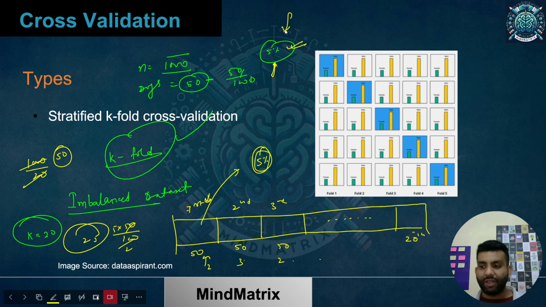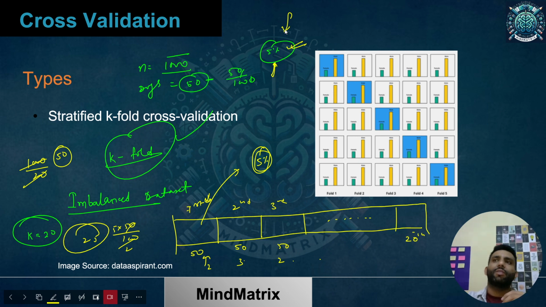I hope the idea is clear. So this is stratified k-fold cross validation. I'm using k-fold cross validation only, but within each of these folds I have kept the same proportion, not the number, of the minor class as I had for my total data set, so that I can get a better idea of my learning algorithm.